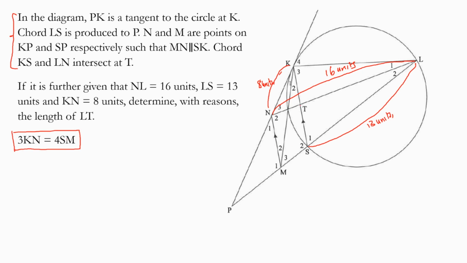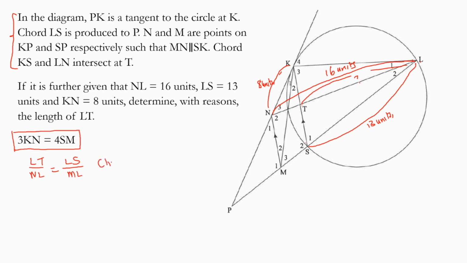Right, so using the proportionality theorem, we can see that LT, that's what we're looking for, over LN, or NL. So LT over NL is equal to LS over ML.